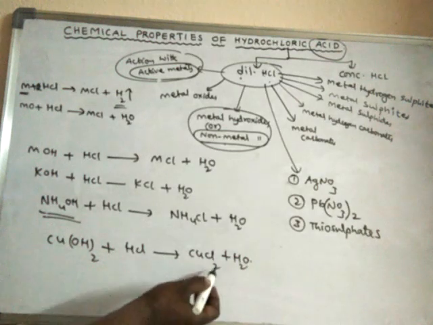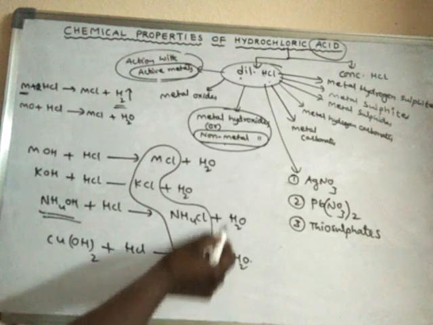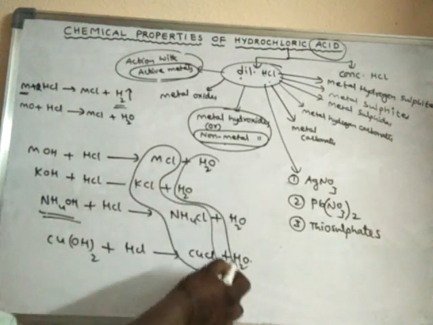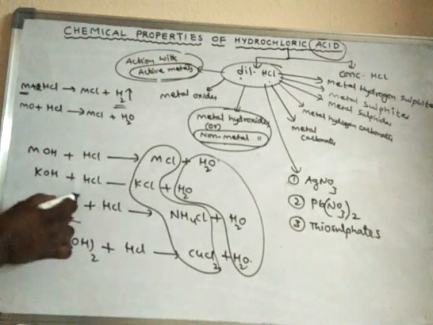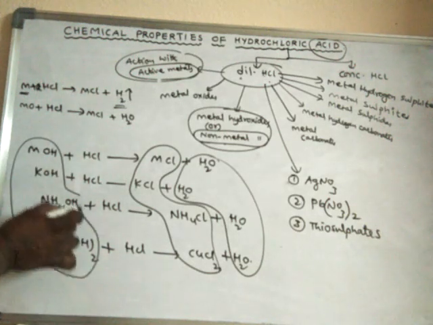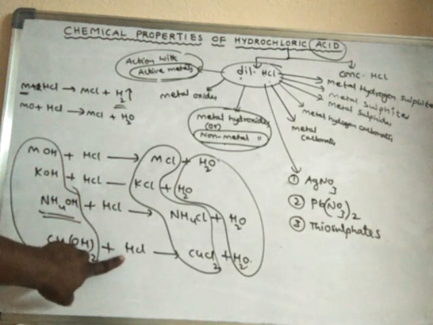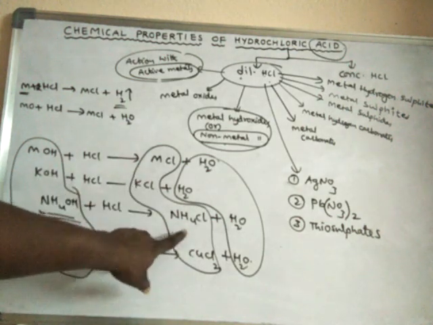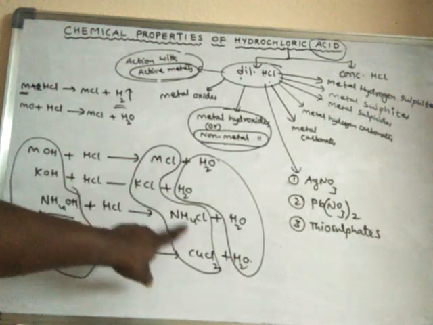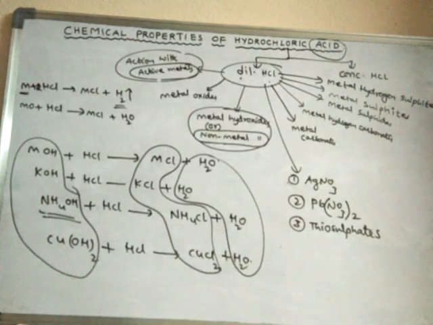In all these cases, these are all salts and water is formed. These are all bases. So when metal hydroxides or ammonium hydroxide react with dilute hydrochloric acid, chloride salts and water are formed.